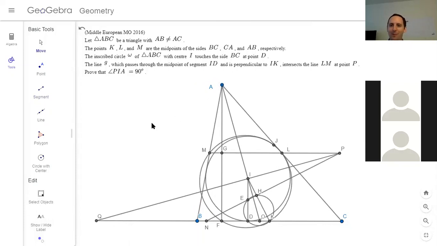Wouldn't it be cool if the Feuerbach point was the key to the solution of this problem? All right, back to the real world.